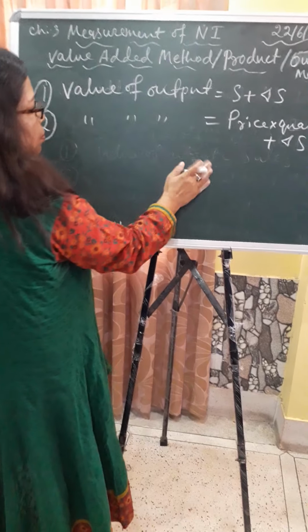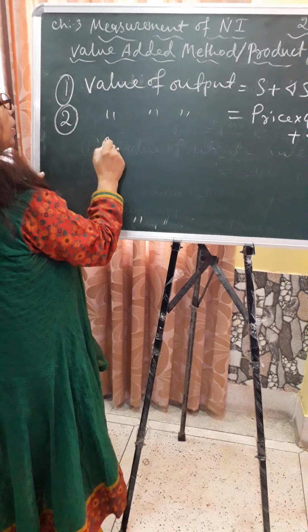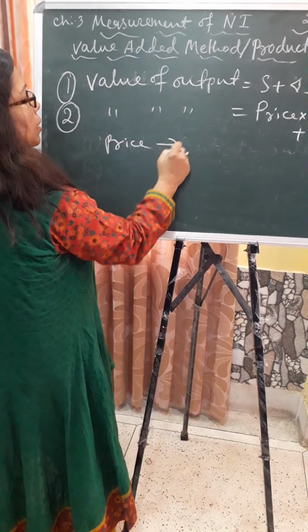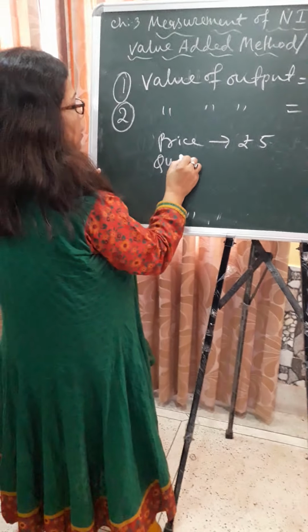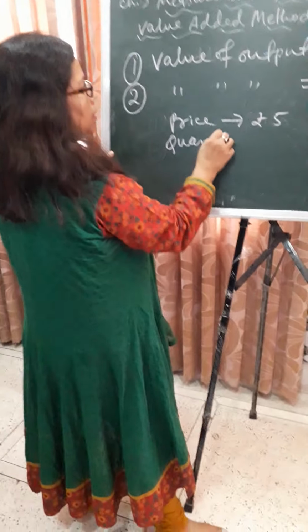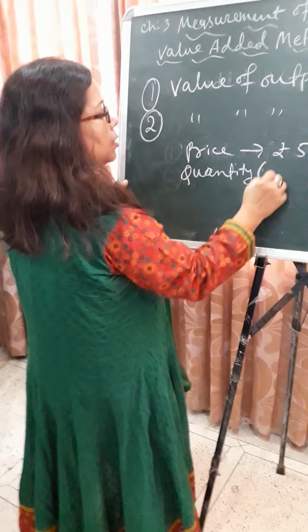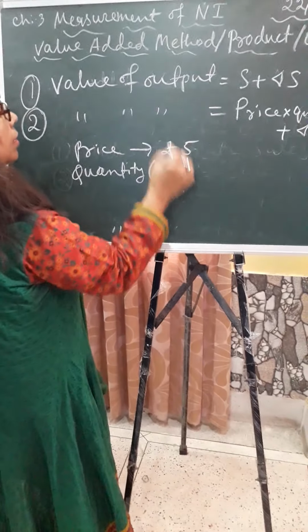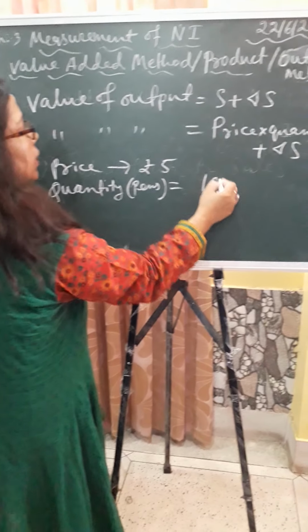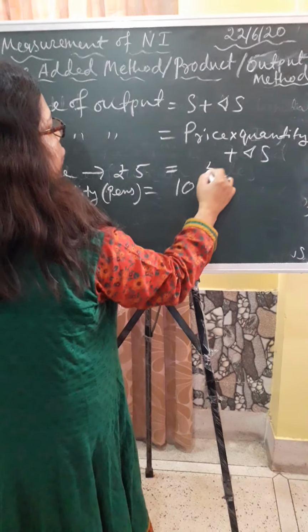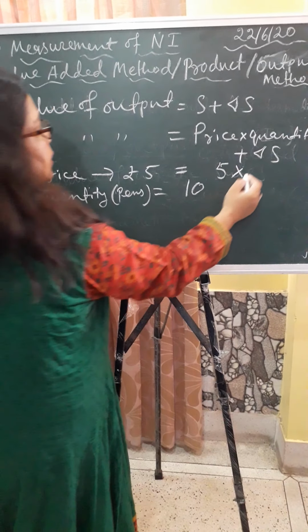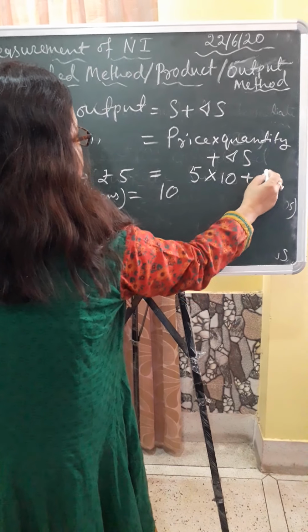Now price is 5 rupees and quantity, pens, is 10. So price 5 into quantity 10 plus change in stock.